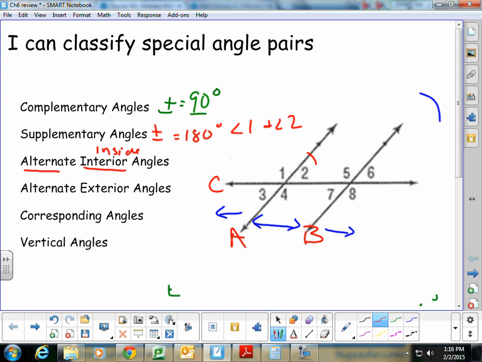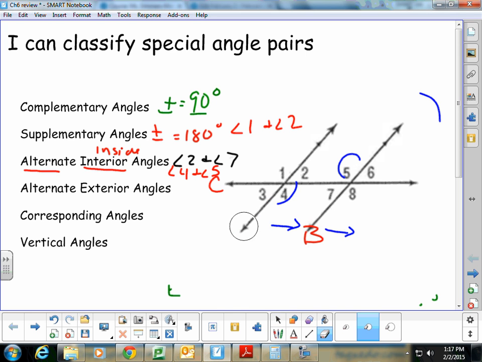So 2 is on the inside. Opposite of it is 7. So examples are angle 2 and angle 7, as well as angle 4 and angle 5. It's a bit messy, but on your sheet you can look at it however you need.